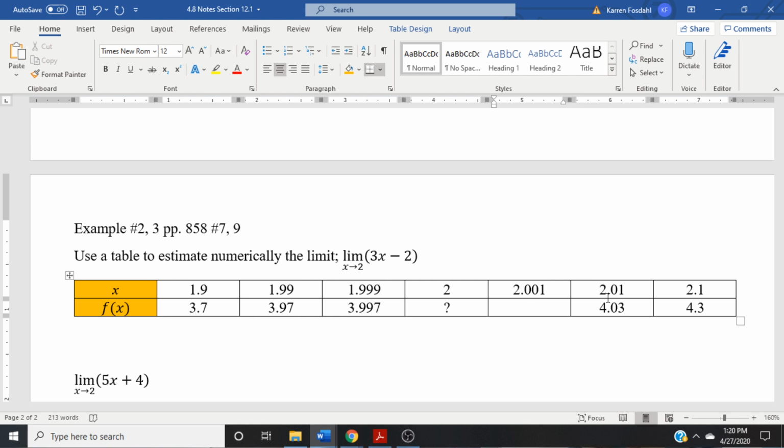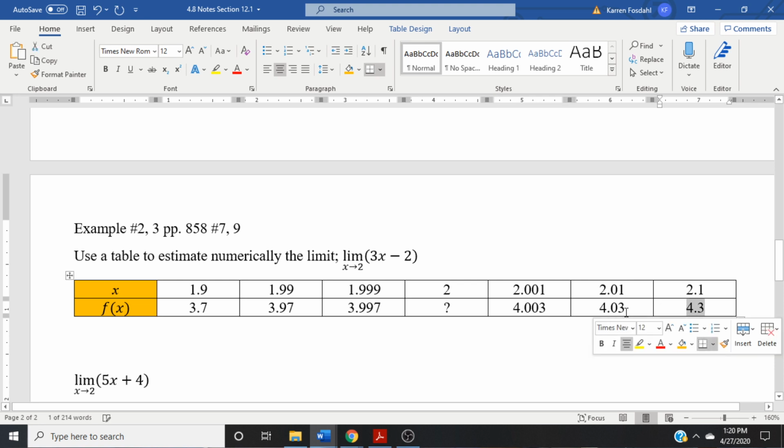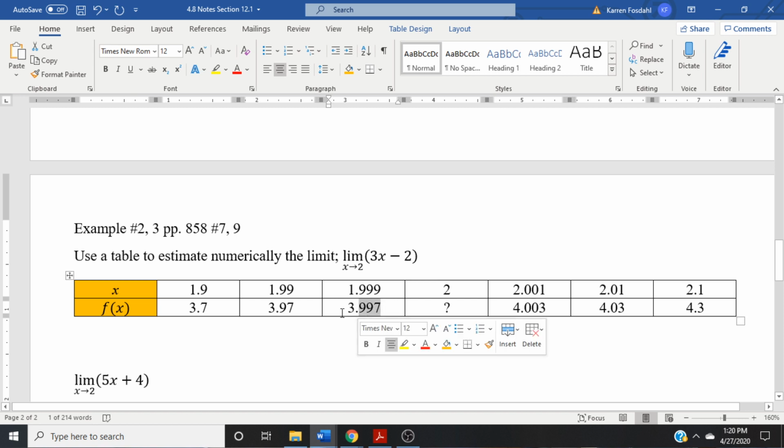And if we plug in 3 times 2.001 minus 2, we get 4.003. Now, notice how this keeps getting closer and closer to 4 by going down, and this goes closer to 4 by going up. So then we can estimate that this is 4. And in fact, we are correct.